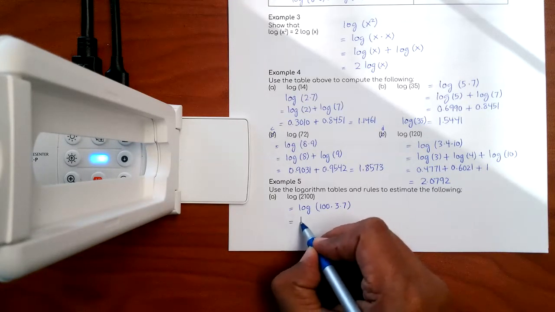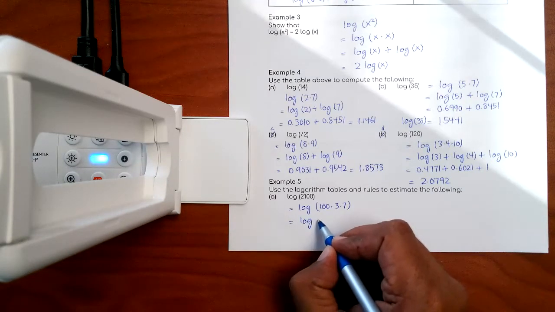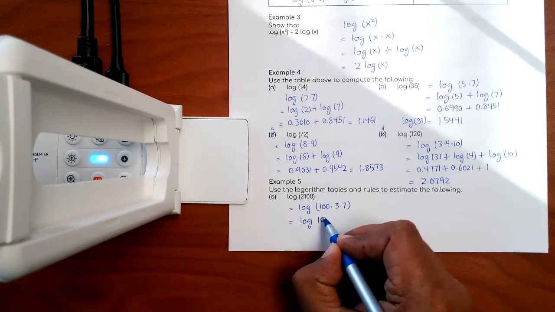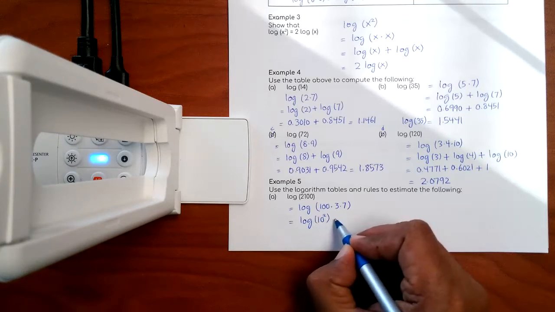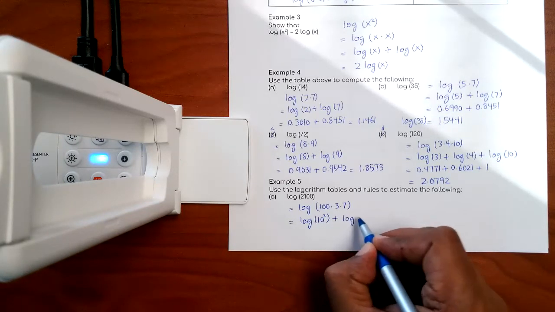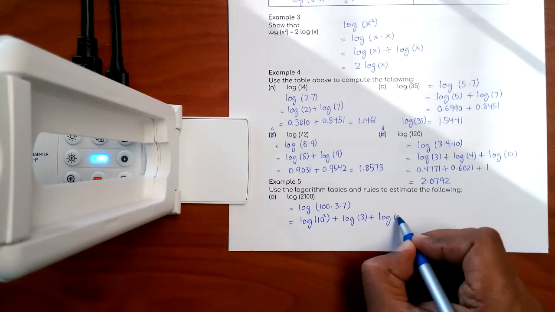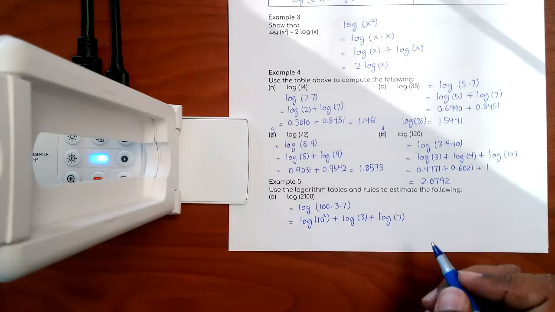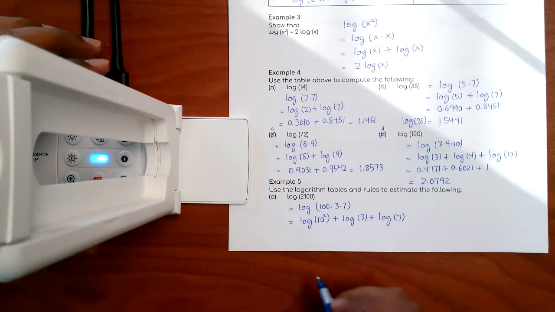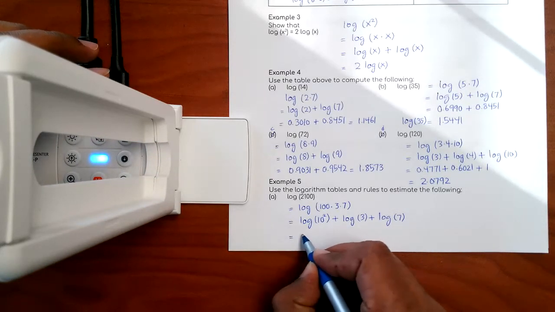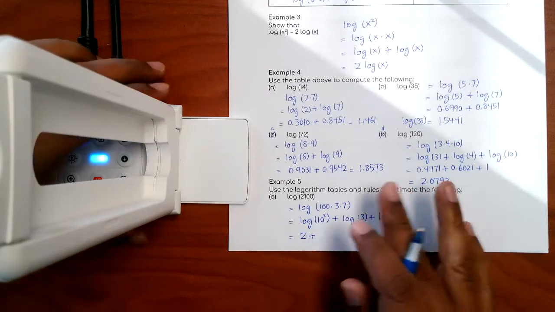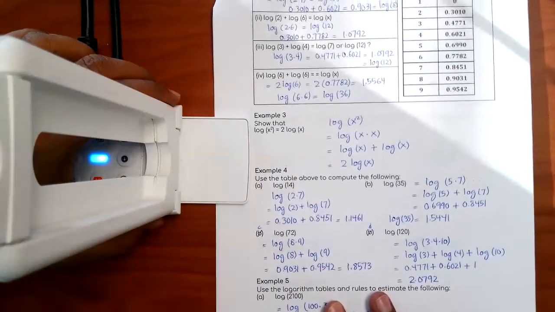So the next step, I will separate them. 100 will become 10 squared. So log of 10 squared plus log of 3 plus log of 7. Okay, so that way log of 10 power 2 is 2, log of 3 and log of 7.